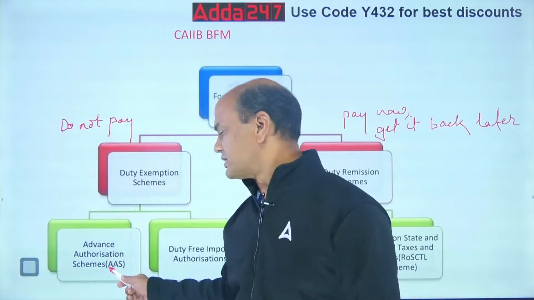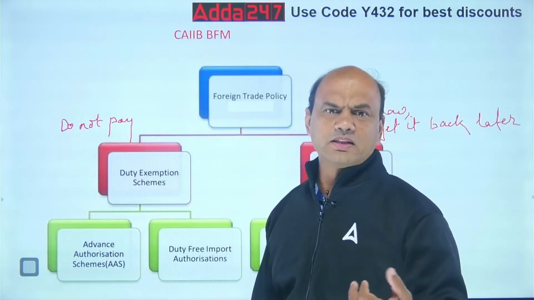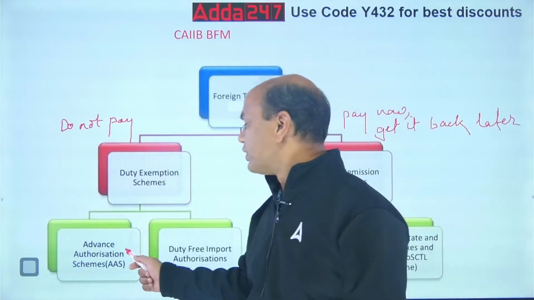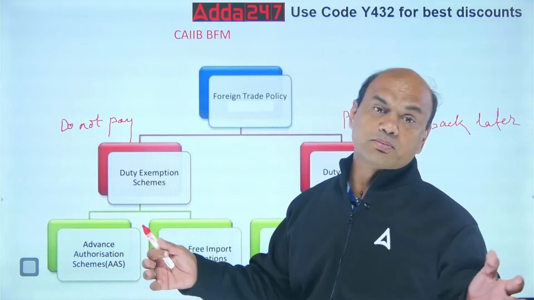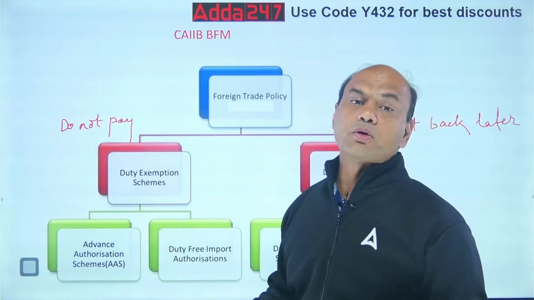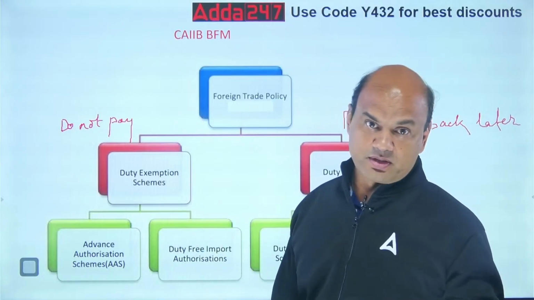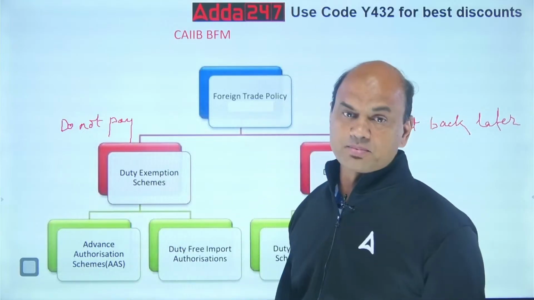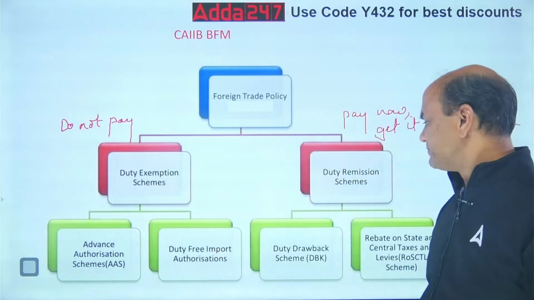Advance authorization scheme means first only I authorize you. You won't have to pay anything. AS is applicable to imports also. If you are importing some machinery on which production will be done later and goods will be exported, then you can import it for a lesser cost without paying this duty. Then duty free import authorizations.